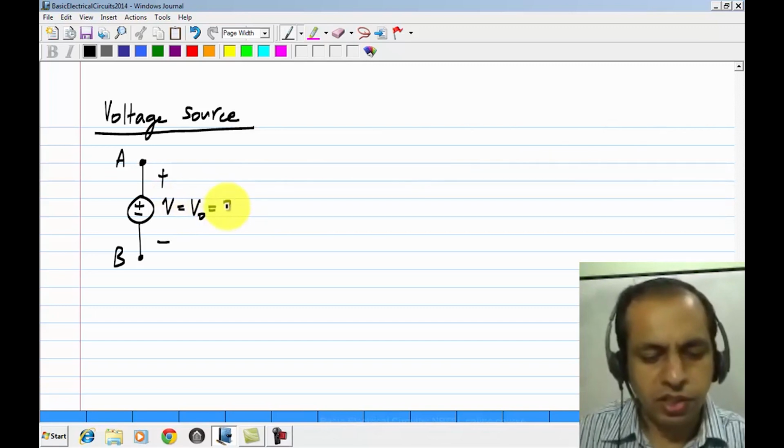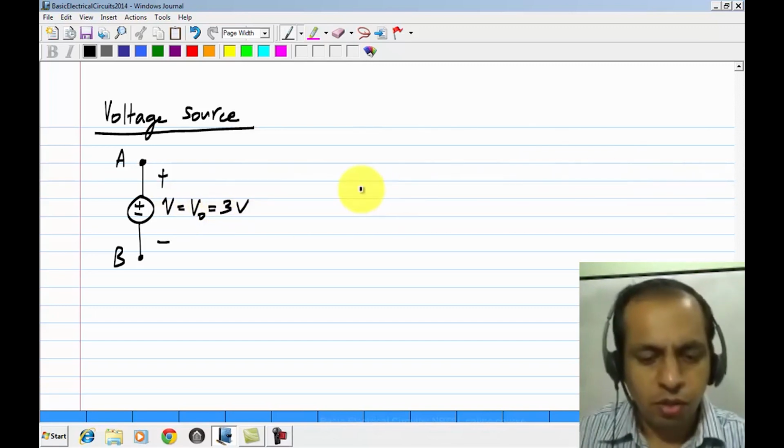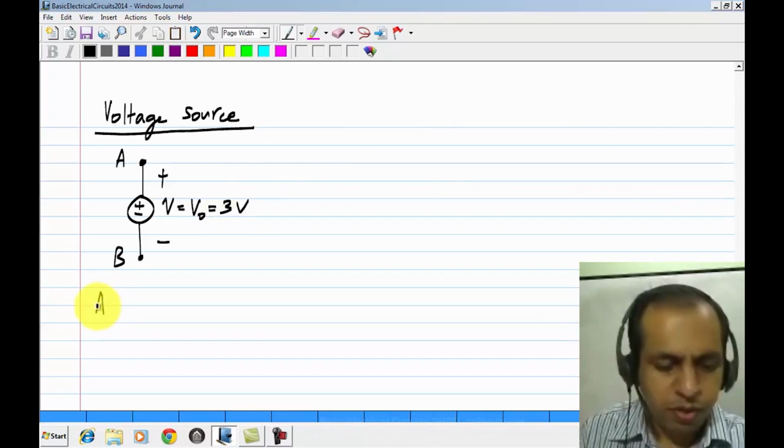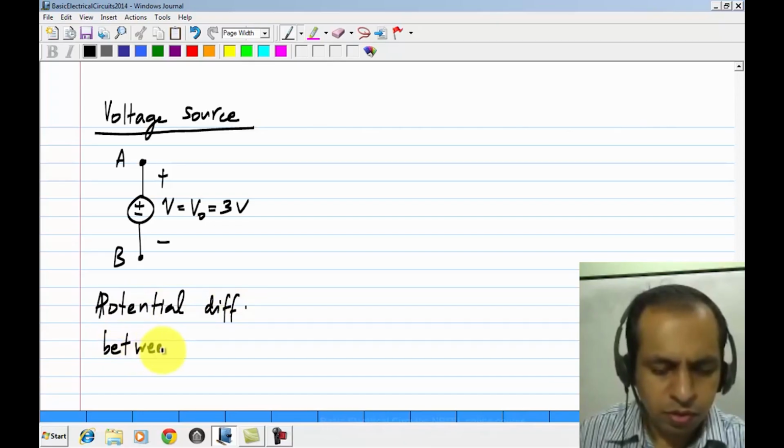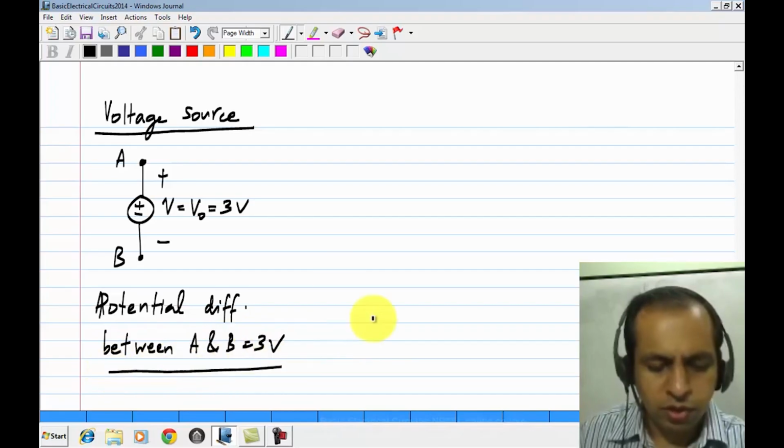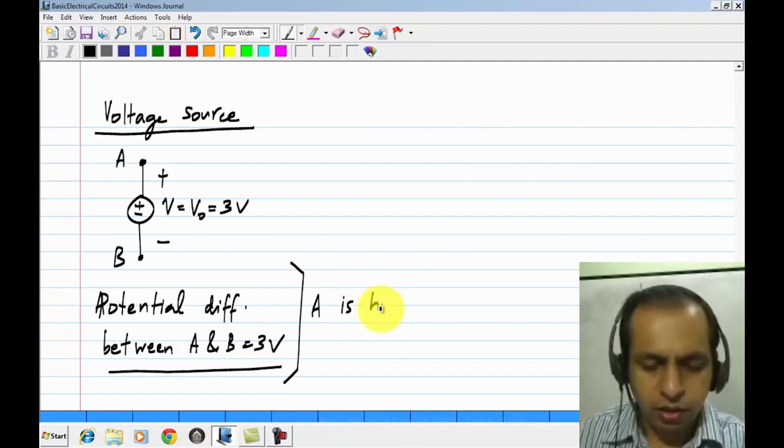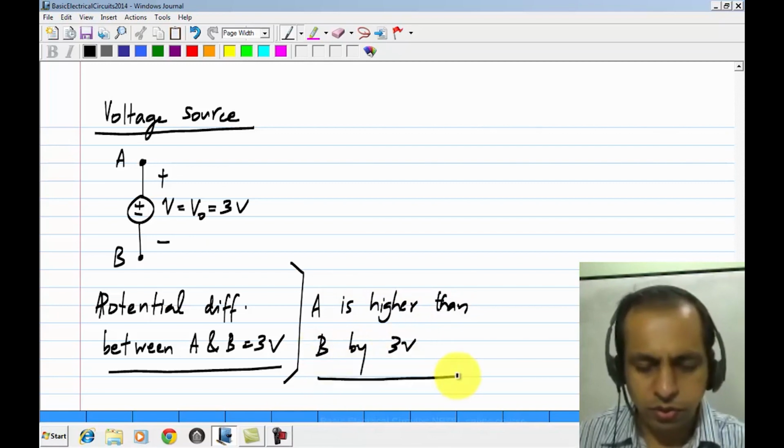So, let us say for instance, let us take this to be 3 volts. What it means is that the potential difference between A and B is 3 volts, or more specifically, point A is higher than B by 3 volts.